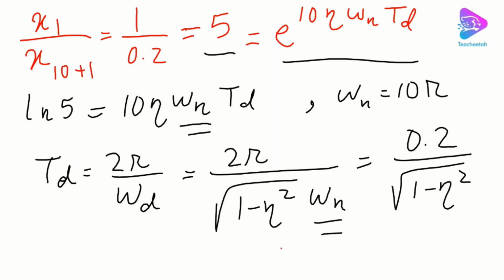How can we find it? We just simply use this here, and then we have this expression for tau d. So we found ln of 5 equal to 10 zeta omega n tau d, and we know how to figure out tau d and omega n.